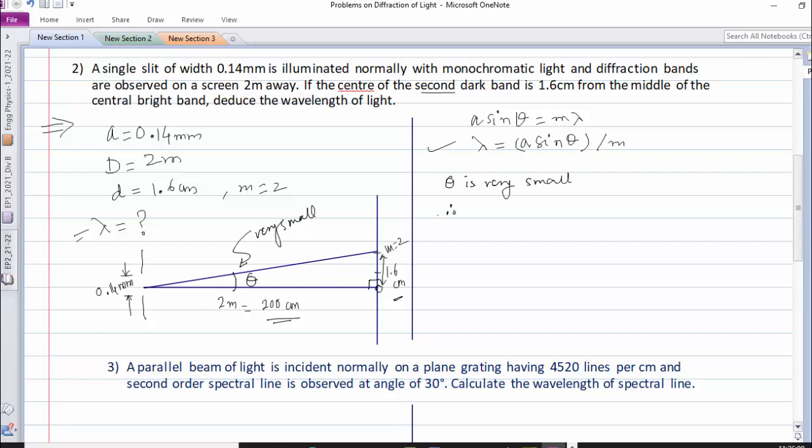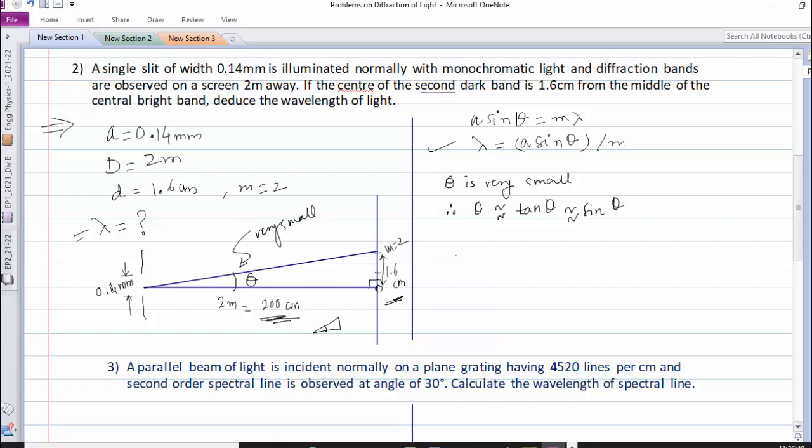Therefore, as we know from this triangle, which looks like this, this angle we have to find out. The opposite side is known to us, that is 1.6 centimeter, and the adjacent side is also mentioned.